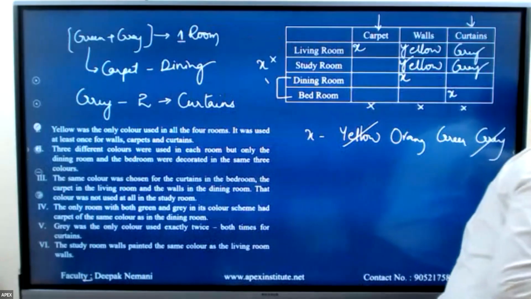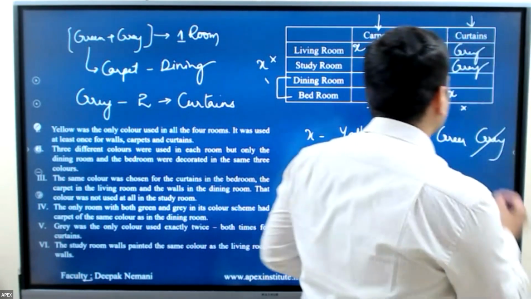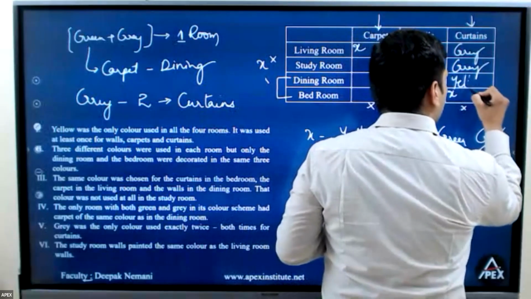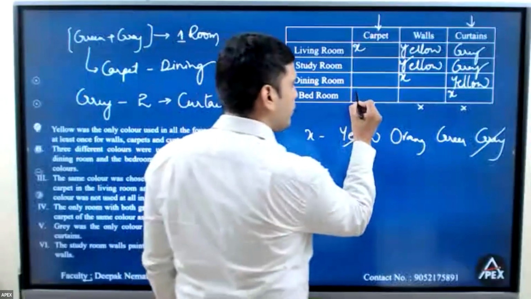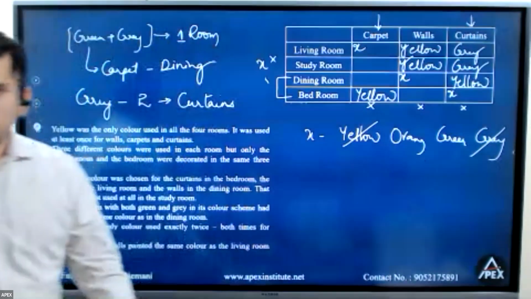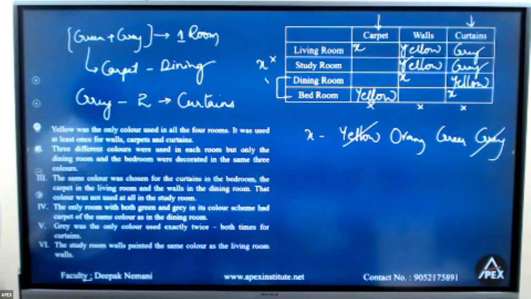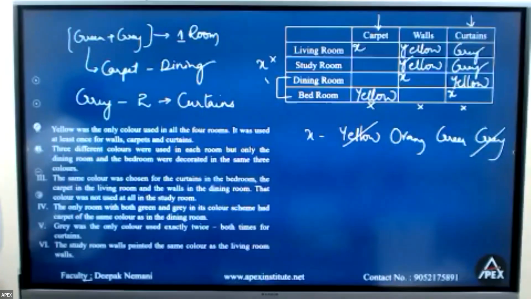Students online, is it clear? Any doubts, quick responses? No, sir. Then can I say the carpet of the bedroom is painted with yellow? Now how many of you have solved till here? No one.